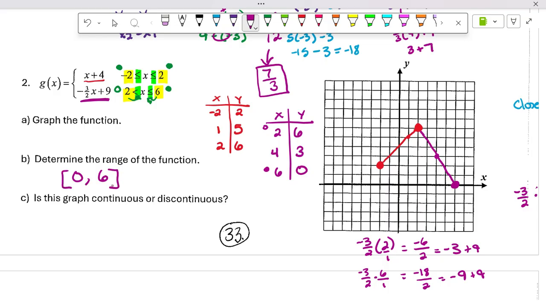Brackets. Because remember, closed circles, you use brackets. It's defined. Now, is the graph continuous or discontinuous? So what that means is, if we ran our pencil from left to right along where our graph is, does it break? Are there any holes? And by holes, I mean open circles. So are there any gaps in the graph? Nope. So it's continuous.